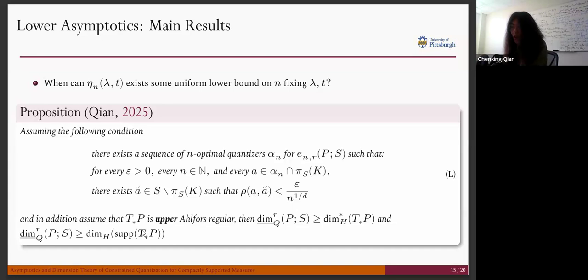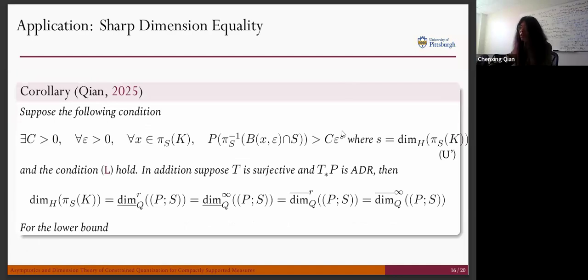And in this case, we can say that the lower quantization dimension has a lower bound as the Hausdorff measure here. So if we combine the upper and the lower estimate here and assume a stronger condition U prime other than U, then we can have a strict equality here.